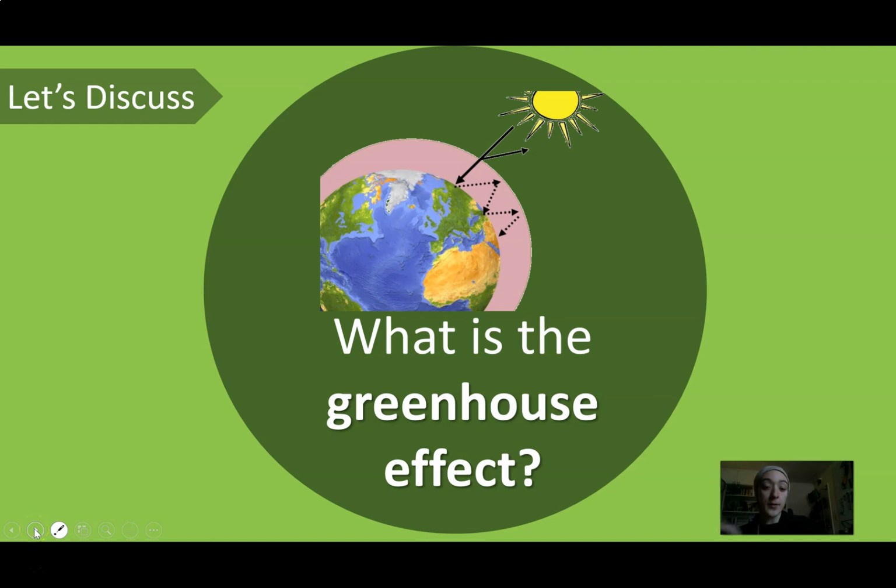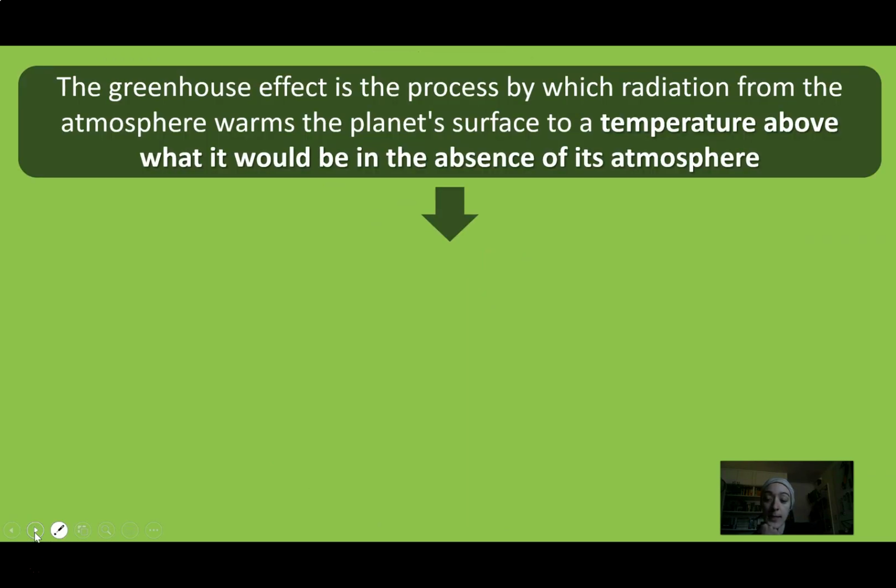All right, so finally let's get down to it. What is the greenhouse effect? The greenhouse effect is the process by which radiation, which could also be called heat or light, from the atmosphere warms the planet's surface to a temperature above what it would be in the absence of its atmosphere.